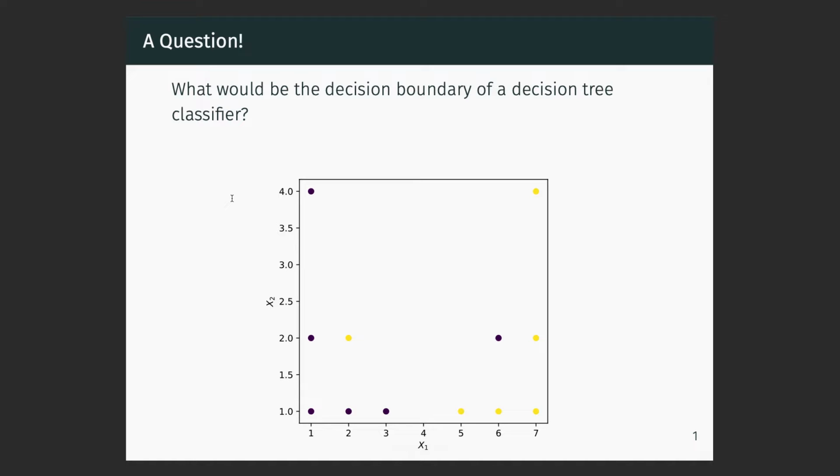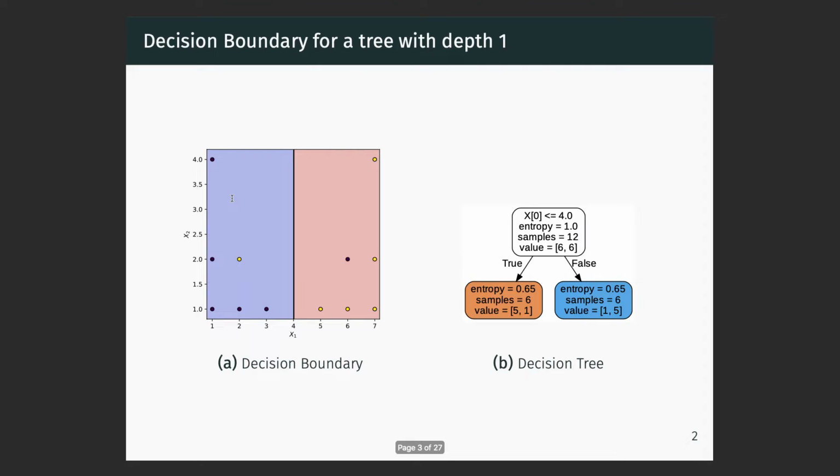You just need to tell me the split points. Would the first be on x1? Would the first be on x2? Let's see what is actually being learned.